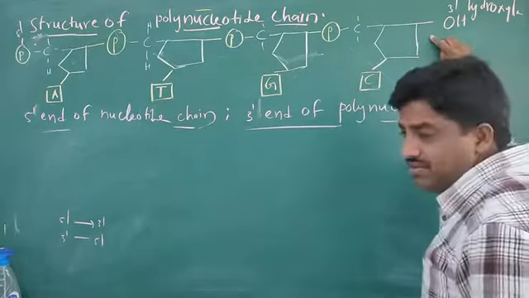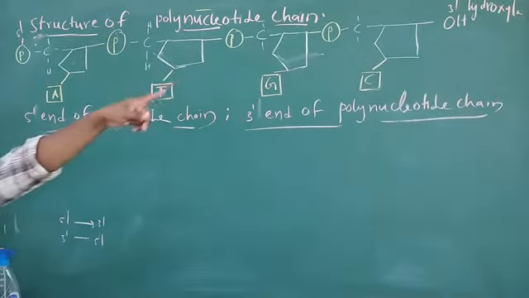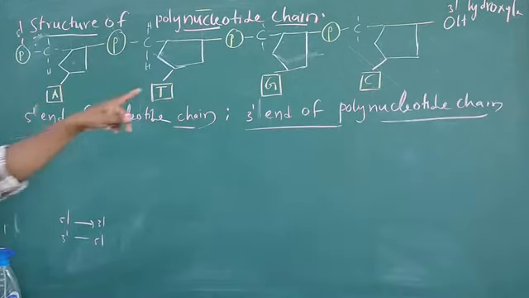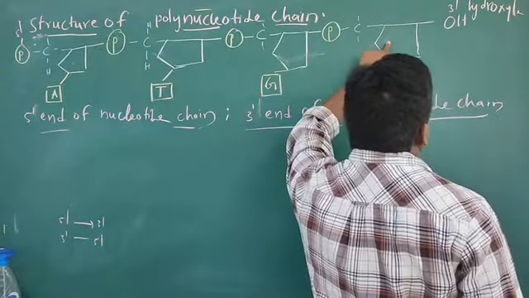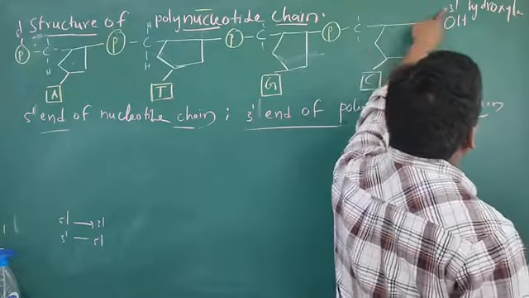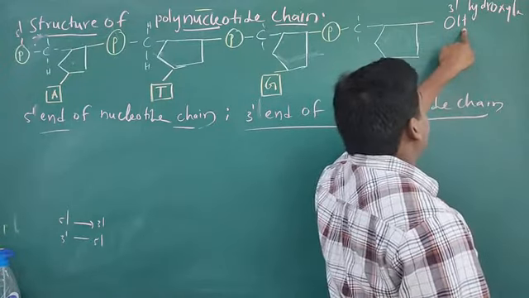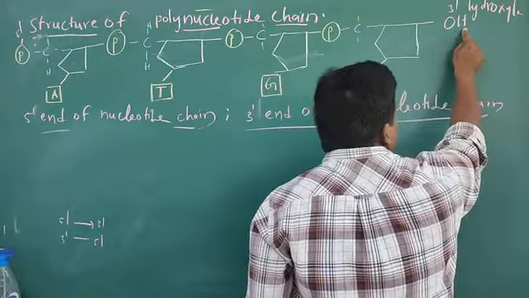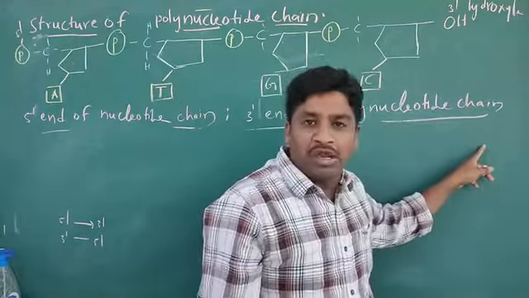See here, at the 3' end, which group is present? The hydroxyl group is present. The ribose sugar has the OH group at the 3' end. A ribose sugar with a 3' OH group, that we call the 3' end of the polynucleotide chain.